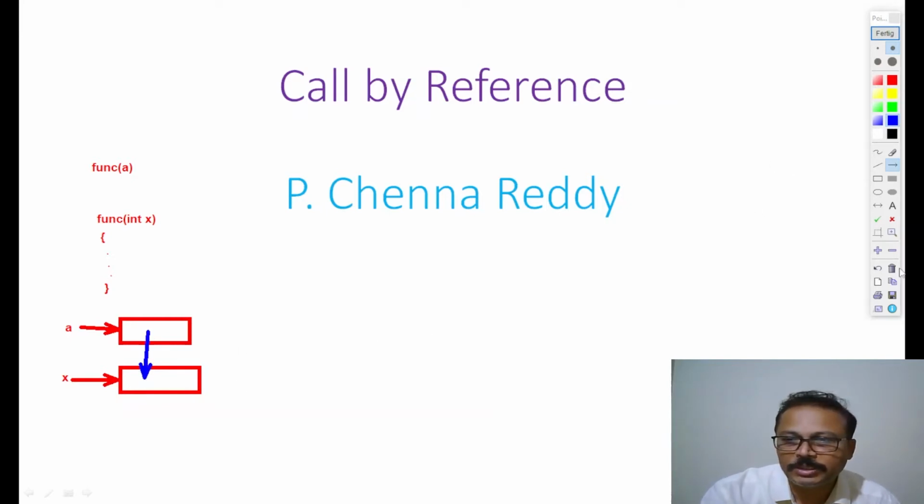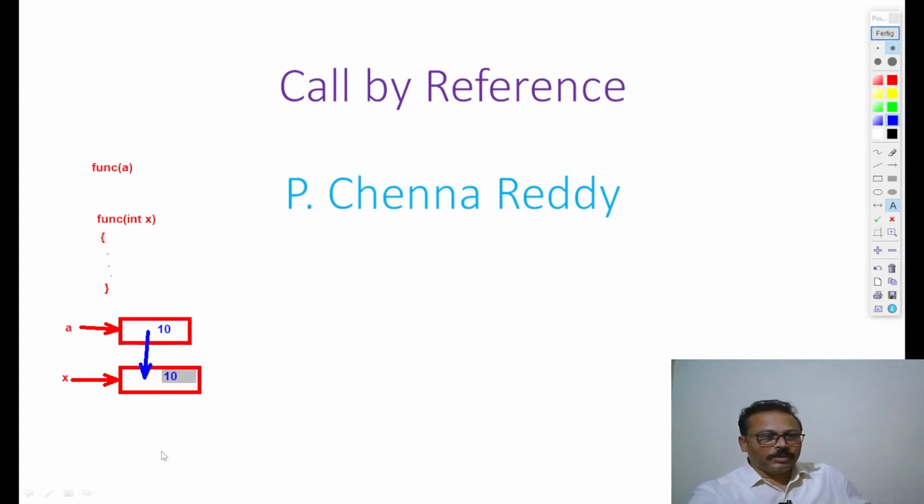The only thing that happens is the value of a is copied into x. Say 10 is the value here; when you invoke this function, the value 10 is copied. So a and x will be using the same value, but a's location and x's location are different.